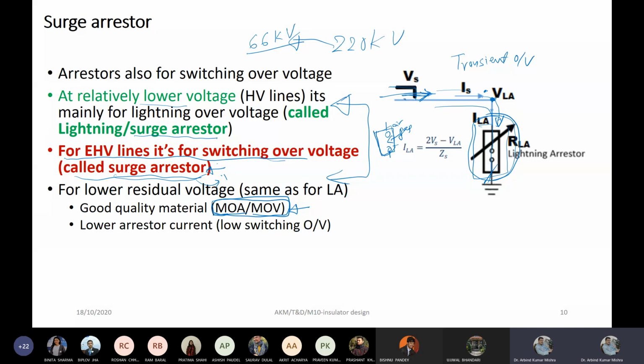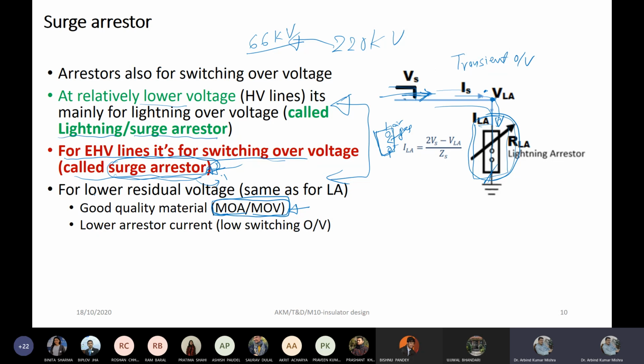That's why surge arrester is the later name. Previously, when the system voltage was only up to 220 kilovolt or so, people called it a lightning arrestor. But nowadays it is more popularly called a surge arrestor, which can protect the system against lightning also.